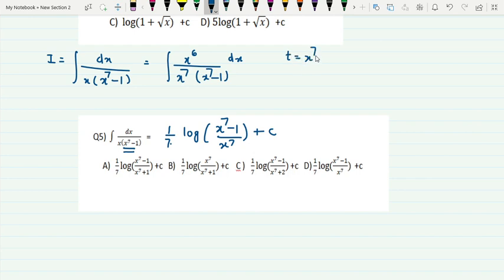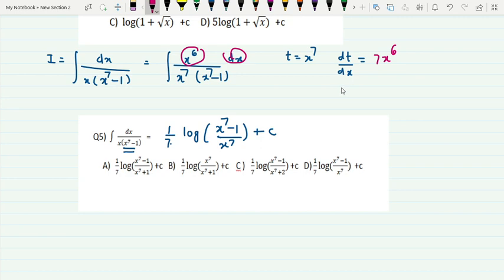t is equal to x raised to power 7. Therefore what will be dt by dx? dt by dx will be equal to what? It will be 7 into x raised to power 6. So here we have x raised to power 6 and dx.